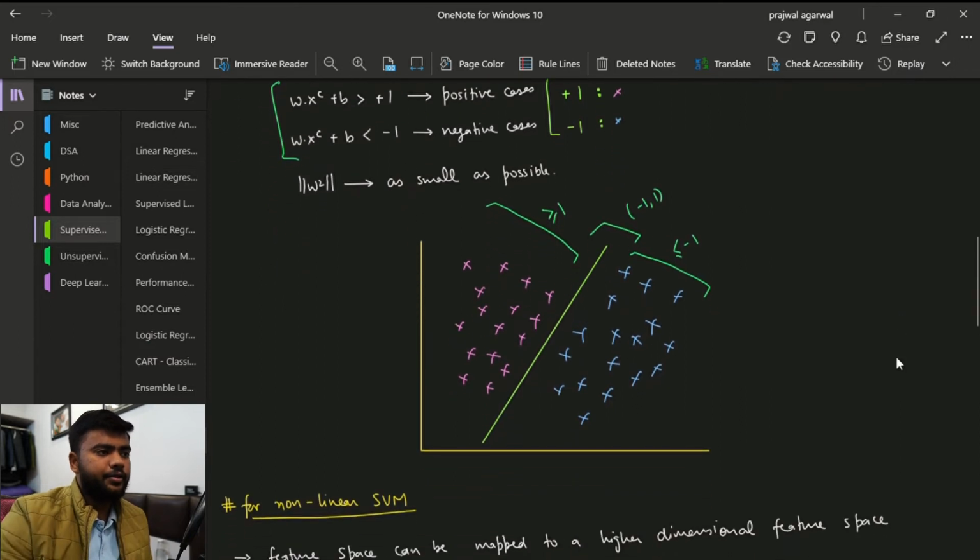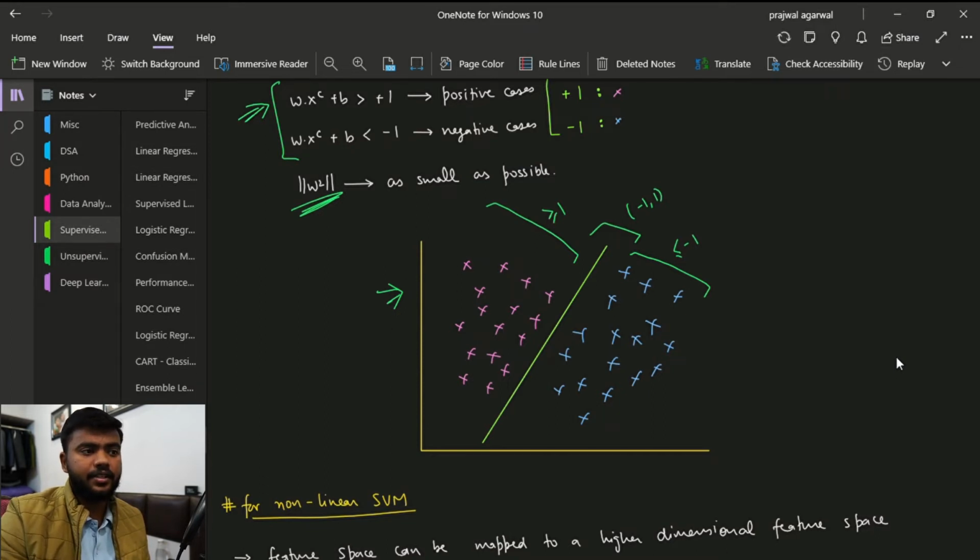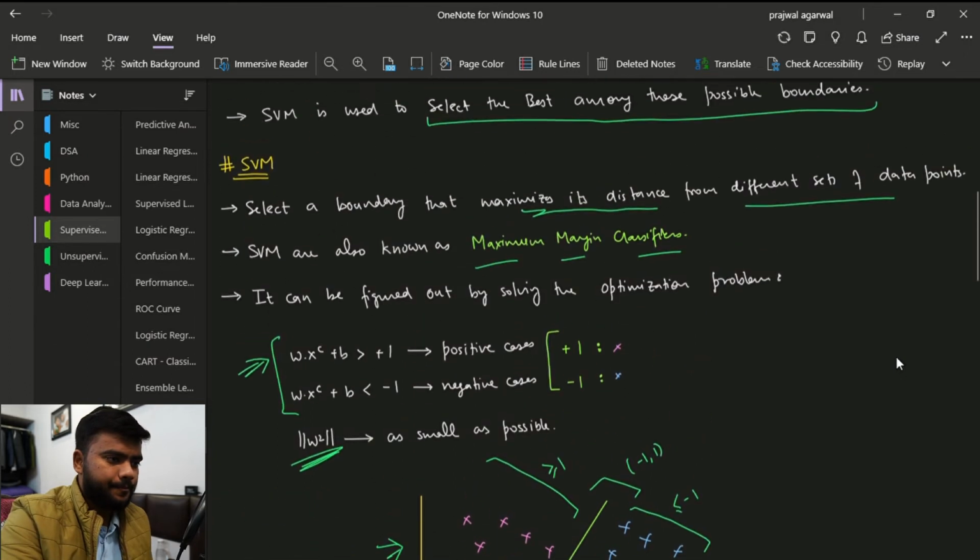We have to minimize mod of w square, and this graph depicts what I'm trying to say. All the points that come out as greater than or equal to +1 come here, less than -1 come here, and between -1 and +1 they come here.